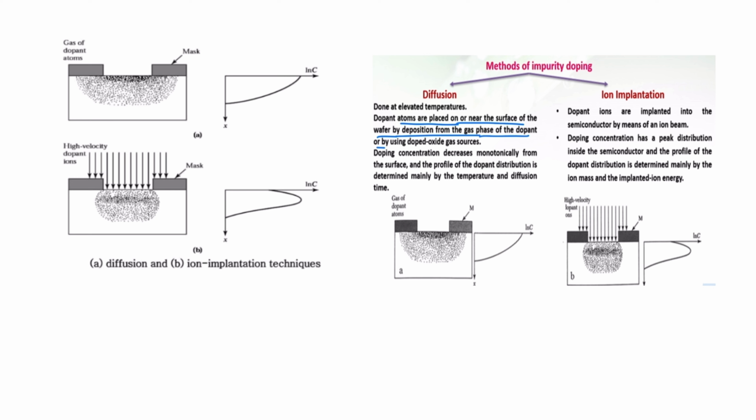This is a curve for diffusion, and the curve for ion implantation is given here. Dopant ions are implanted into the semiconductor by means of an ion beam. High velocity dopant ions are used for ion implantation, and gas of dopant atoms for diffusion.